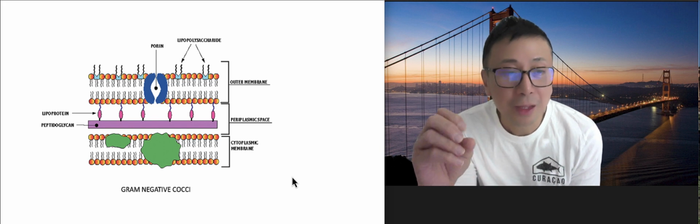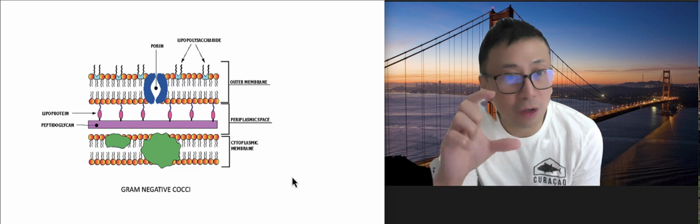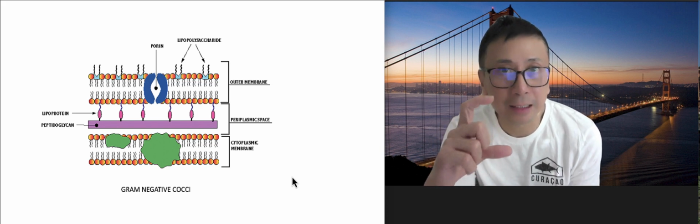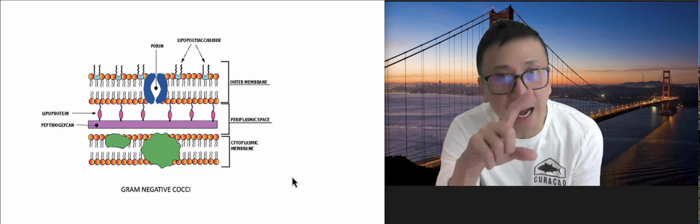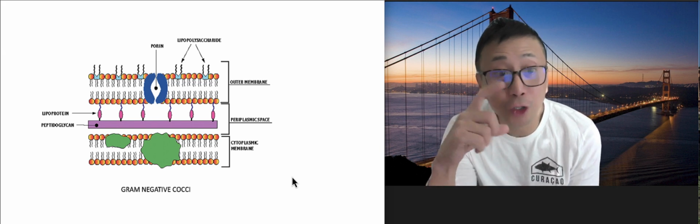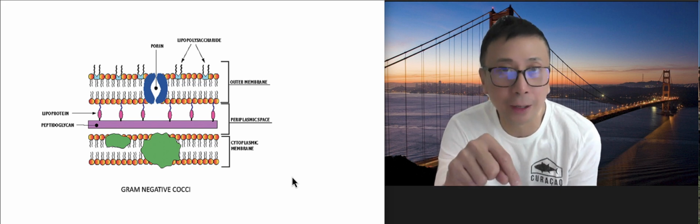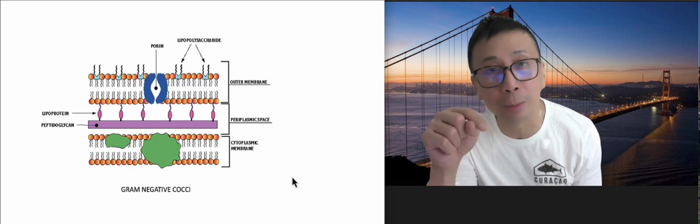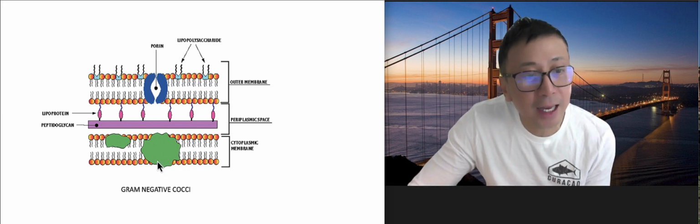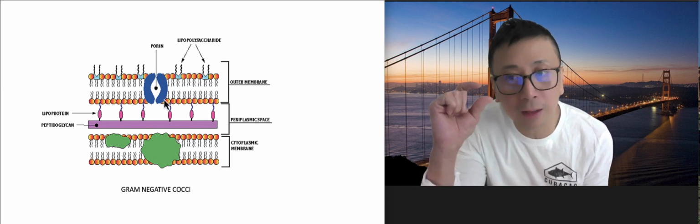So why? Because the gram-negative cocci have the outer membrane. The concentration of beta-lactamases is within that perimeter, right? So before you get to the inside of the bacterial cell, where your penicillin binding protein is, let's say this is your penicillin binding protein on this area here, number one, it has small porins, very tiny.